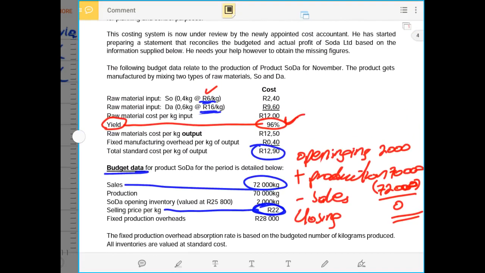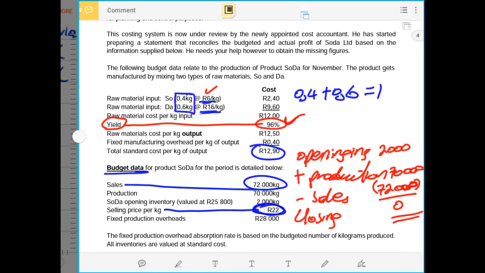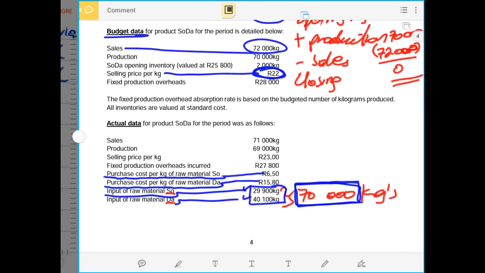Then you allocate that using your standard kgs per unit. Your standard kgs per unit in this case is 0.4 and 0.6, and 0.4 plus 0.6 gives us 1. So our base of allocation will be 40% to 60%, allocating the actual material using the standard kgs per unit, meaning the kgs that we anticipated would be mixed to complete 1 unit of a product.